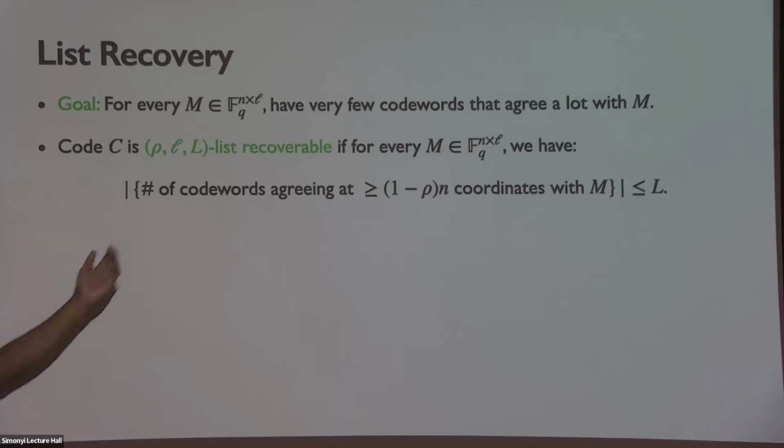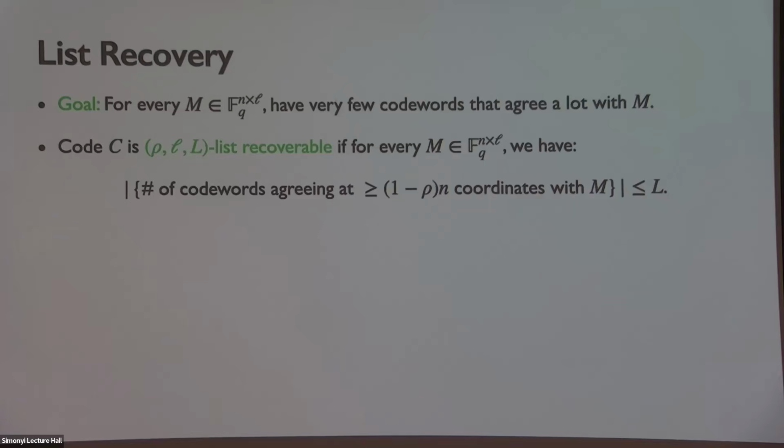This is similar to the definition for list decoding. So rho is the fraction of coordinates where there's nothing? Where there's nothing, they can disagree on rho fraction, but if they're agreeing on 1 minus rho fraction of coordinates, then that is a bad code word.